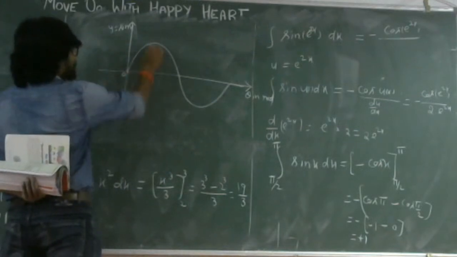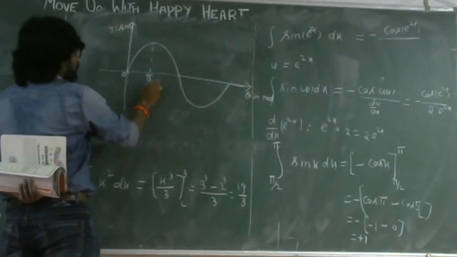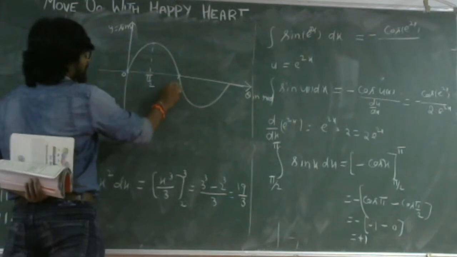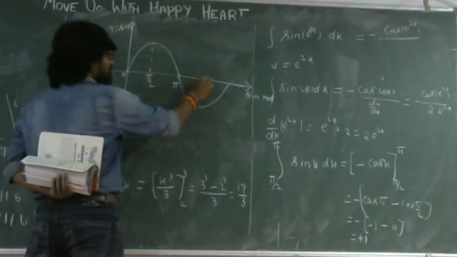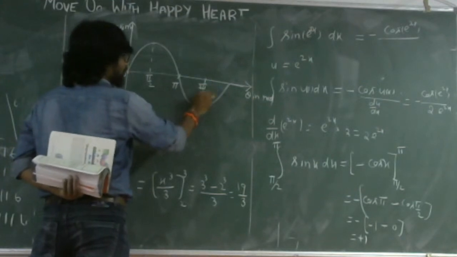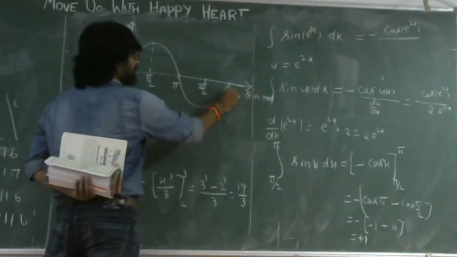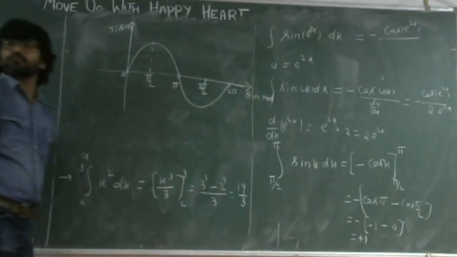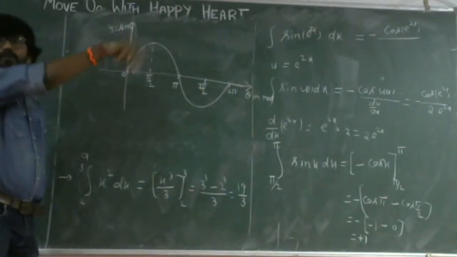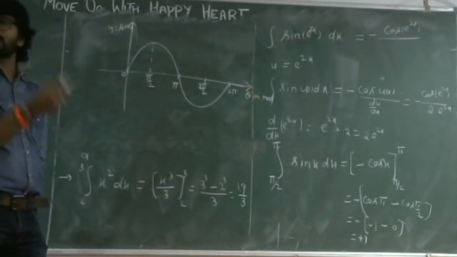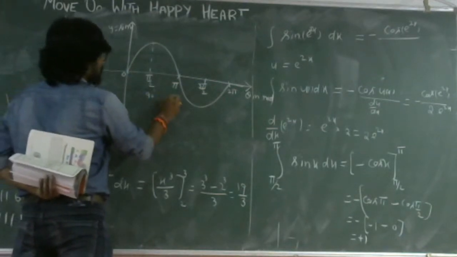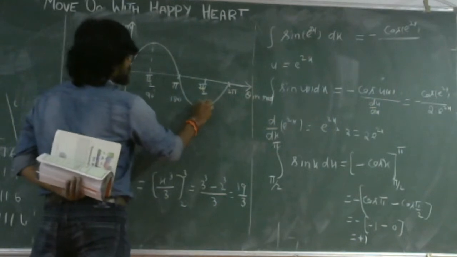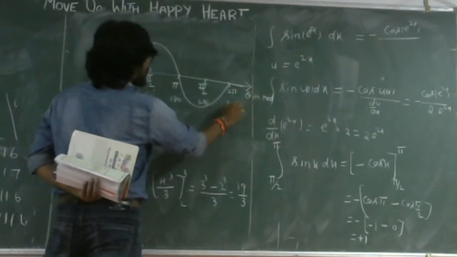This is pi by 2 radian, this is pi radian, means 2 pi by 2 can be taken as pi, this is 3 pi by 2 radian, this is 4 pi by 2 or 2 pi radians. Or in degrees, 0 degrees, 90 degrees, 180 degrees, this is 270 degrees, 360 degrees.